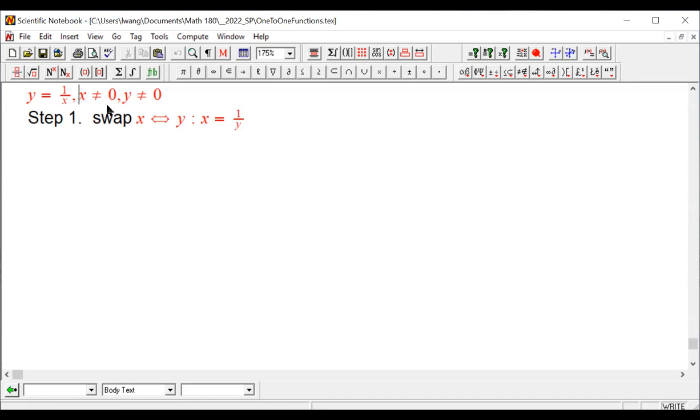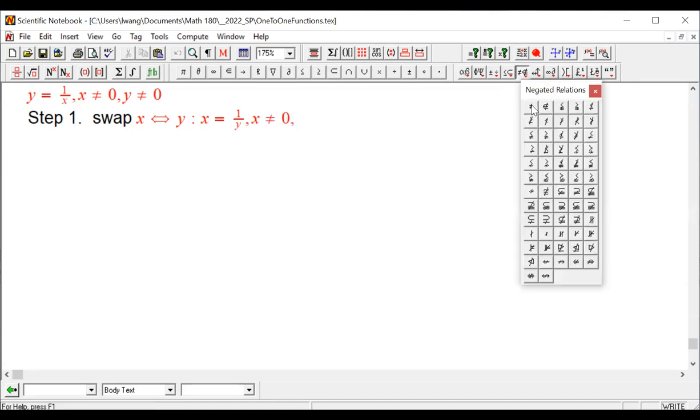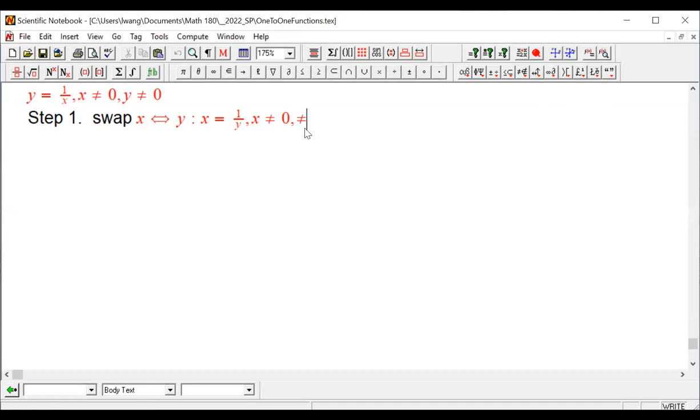The swap causes x and y, and their domain and range, to swap, but the domain and range are the same to start with. But we still write it down: y is not 0. That's a good habit. Always be aware of it.